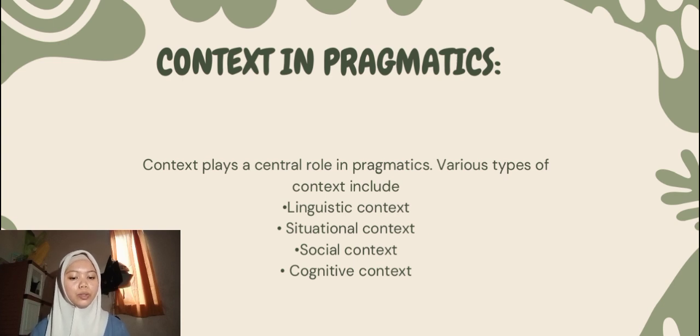And the next, situational context: the physical environment where communication occurs. The next, social context: the social relationship between the speaker and listener. The next, cognitive context: shared knowledge and beliefs.